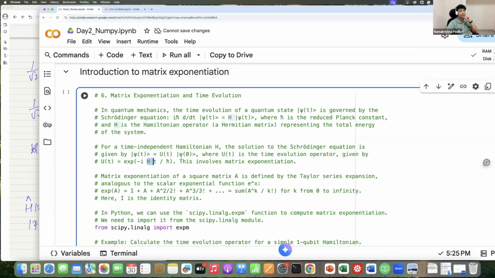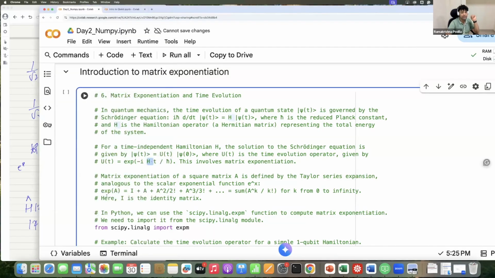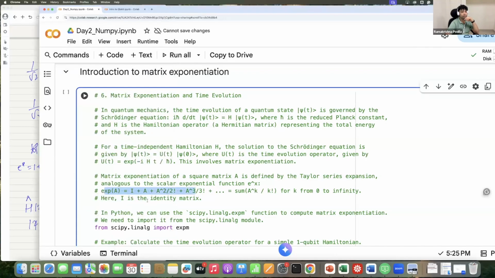In general, e to the power x is a series: 1 plus x plus x squared by 2 factorial plus x cubed by 3 factorial, and so on. In a similar fashion, for the matrix, we begin with the identity matrix plus A plus A squared by 2 factorial, A cubed by 3 factorial, and so on.